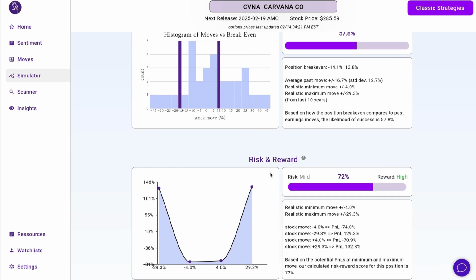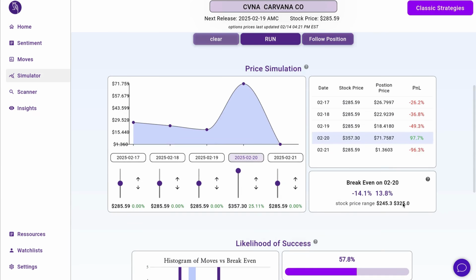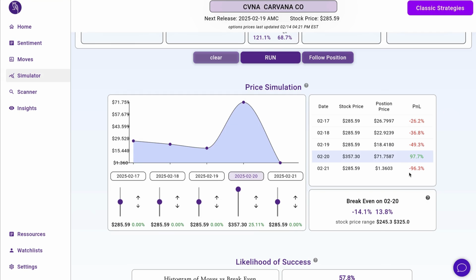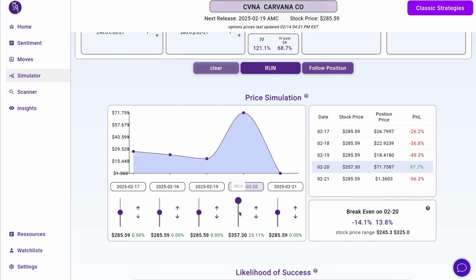Below we find this risk reward analysis that we did, already done automatically for us using the reference past moves numbers. So again, this is a position with a good likelihood, a good risk reward, 2-to-1, but with a maximum loss that can be quite extensive, this 97% or 40% in that 8% move scenario.